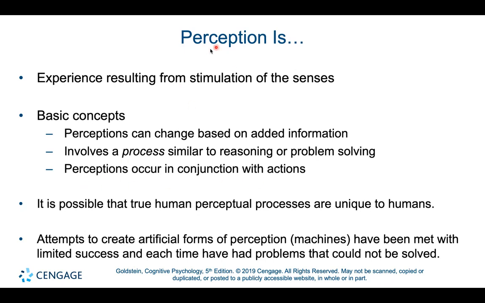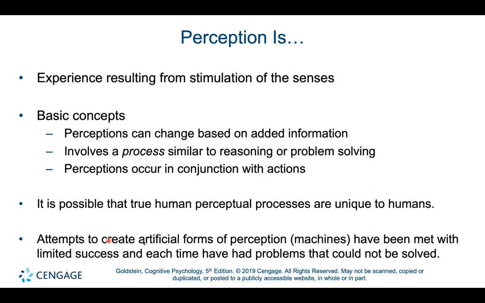Now, because perception is dependent upon your senses, and because the senses of different animals differ from animal to animal, it's very possible that human perceptual processes are unique to humans, both in the animal world and, as we're going to see, perhaps arguably in the technological world in terms of artificial intelligence.